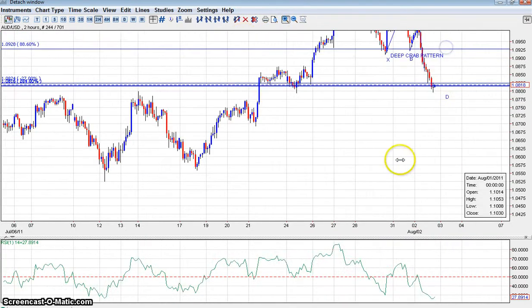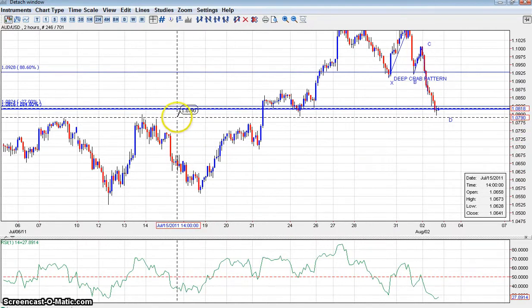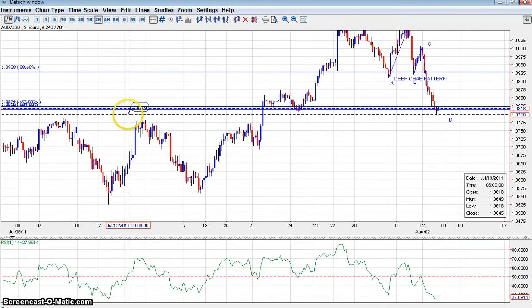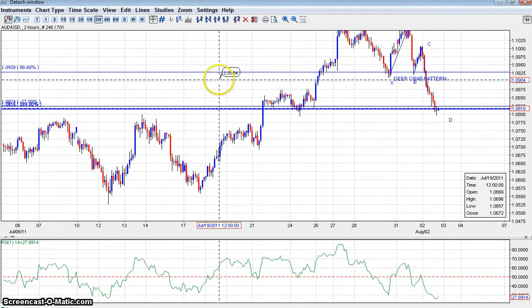My interpretation is price could still trade into this resistance zone. Price could tag this resistance on support level before moving further upward.